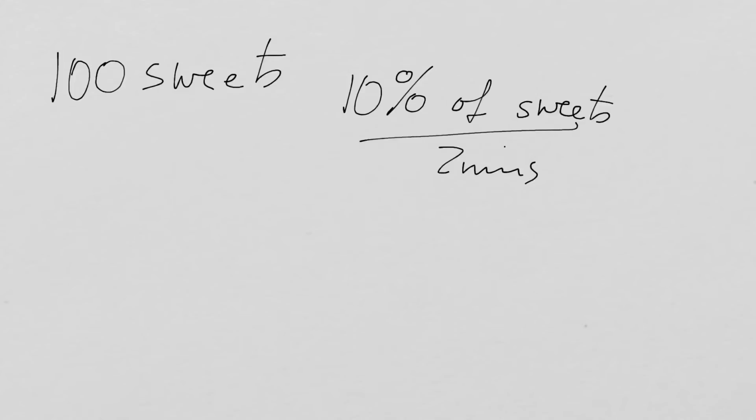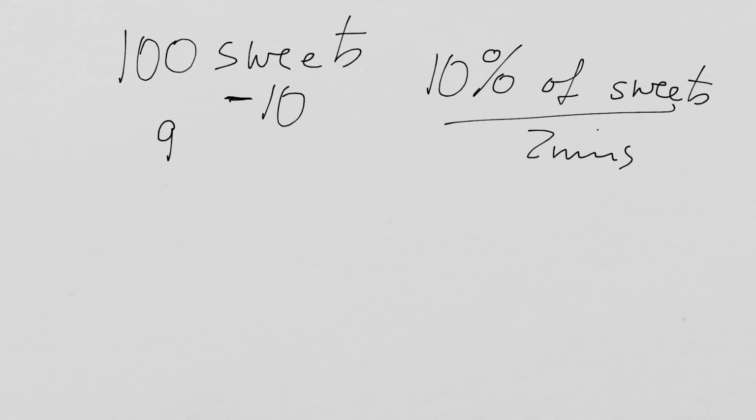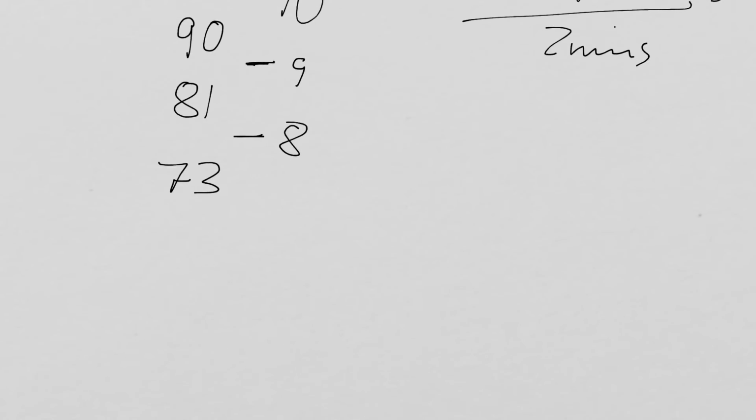Just take off 10%. So let's do it slowly. So 10% is 10. Okay, yes, so we've got 90. Next time? Minus 9. I've got 81. Minus 8. Got 73. I can't take 7.3.